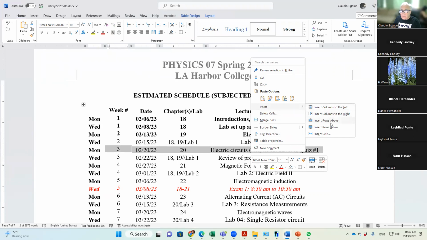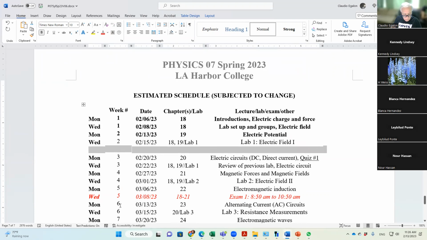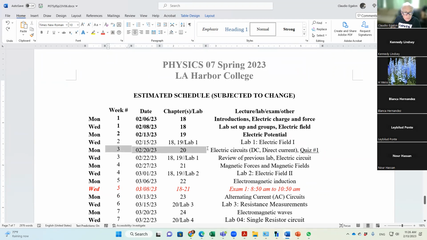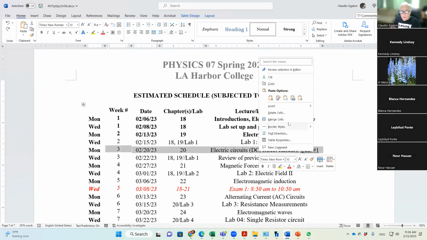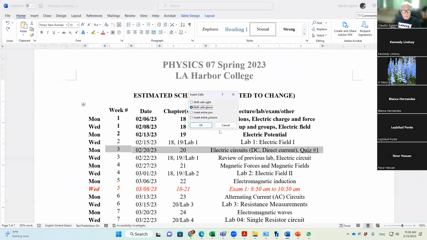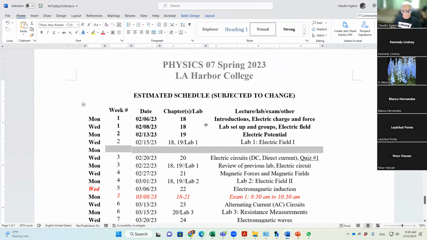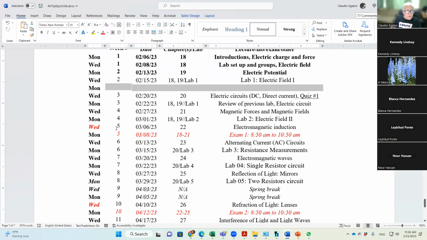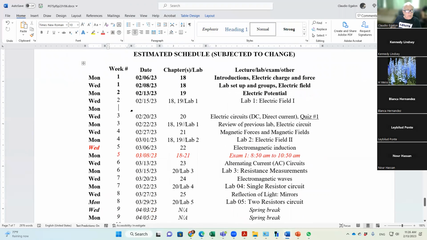Insert rows above. Nope, it's not what I want. Insert cells above. Okay, so here we go. And I have to fix this one now.